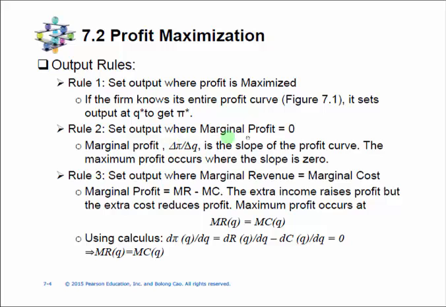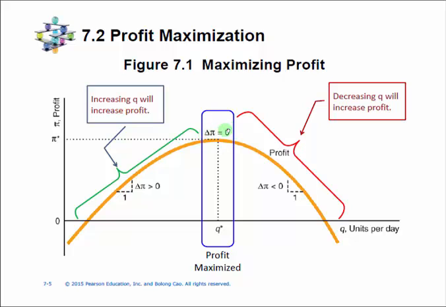Set output where marginal profit equals 0, right? I have explained that. This is the change in the profit. The marginal profit is basically the change in the profit for every unit you produce additionally, right? That is 0. You know that at that quantity level, it's the highest profit you can make.